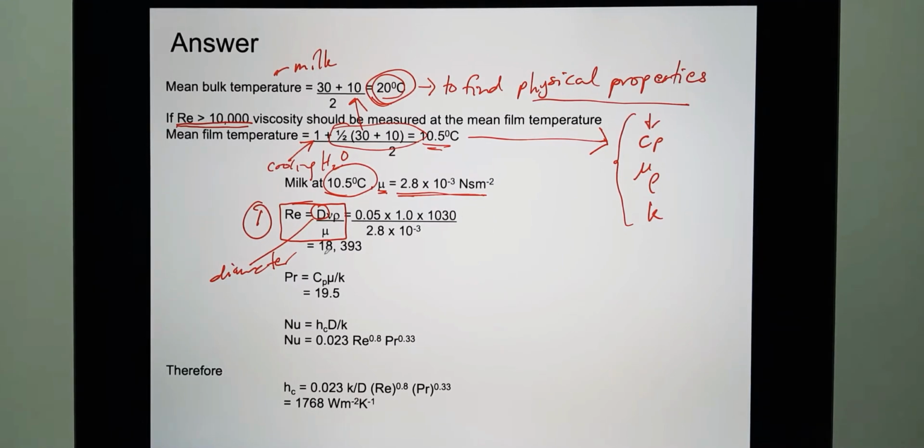So you calculate the value of Reynolds, and one thing, Reynolds, Prandtl, and Nusselt are dimensionless. Dimensionless means that they have no unit, because all of the units have been cancelled out.